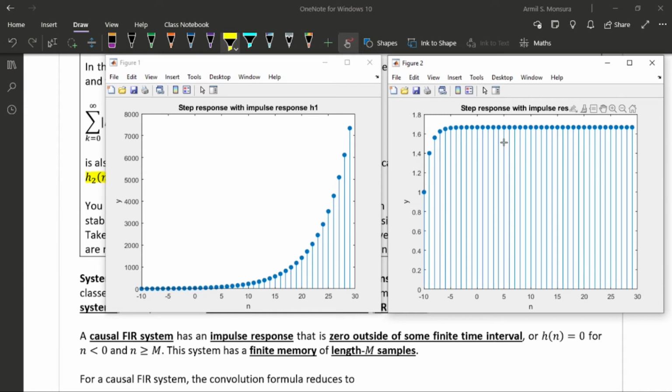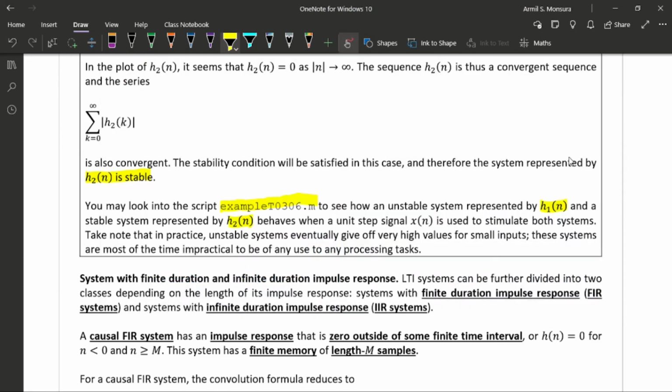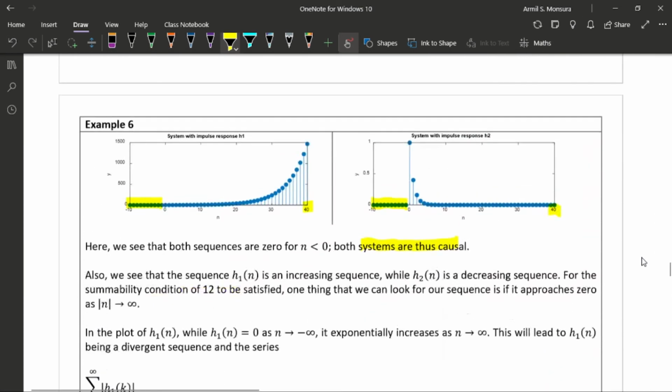The step response is the output of your system for a given input, in this case the unit step sequence. The unit step sequence is bounded because it approaches a certain finite constant value as n increases, so we can consider that to be bounded under this condition.